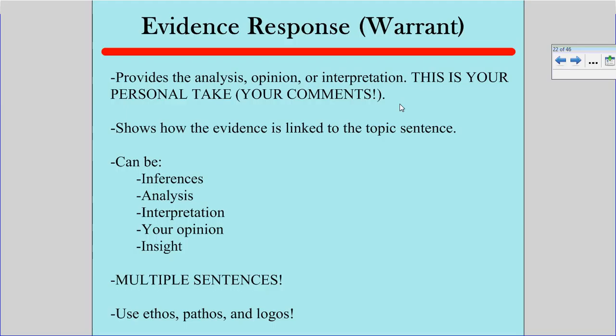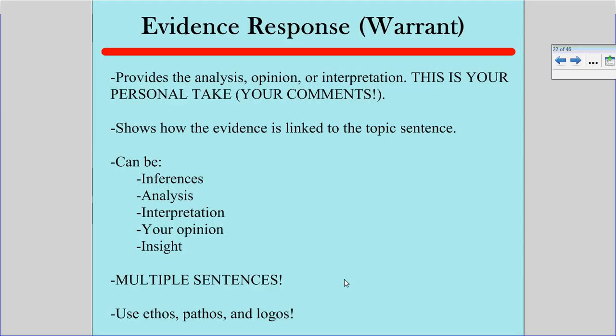So your evidence responses can be inferences, they can be analysis, they can be interpretations, they can be your opinion, they can be insight into something new. Again, and this is really important right here, it needs to be multiple sentences. Your warrant is no longer a single sentence. I'm looking for 2 to 3 sentences.